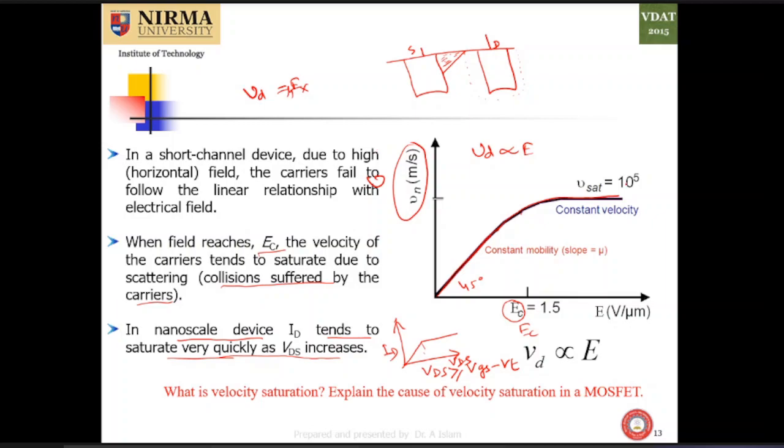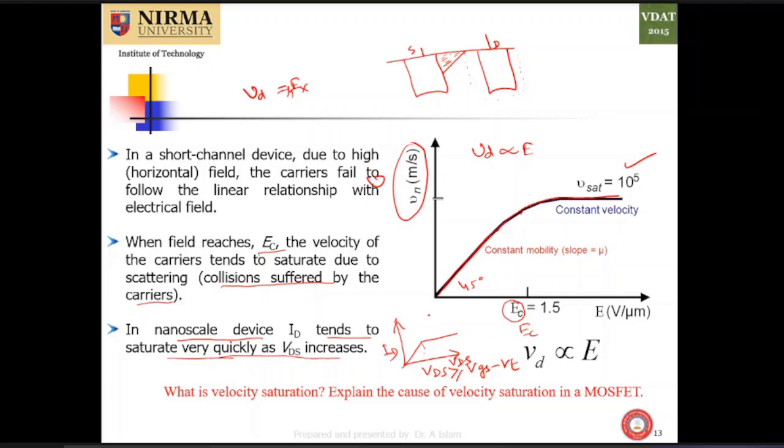Vd sat equals 10 to the power 5. So at higher field, but why the higher field is going to occur, that also we'll see. Ideally, it should go like this: as you increase the field, it should keep on increasing.